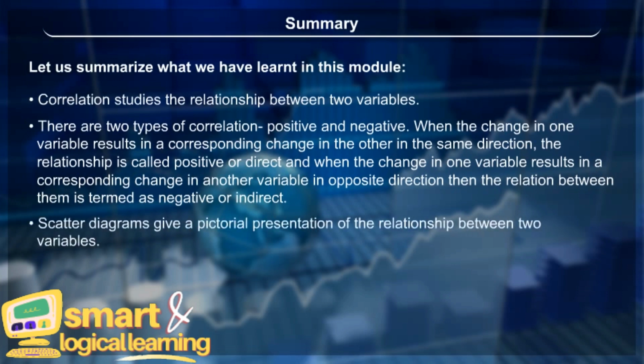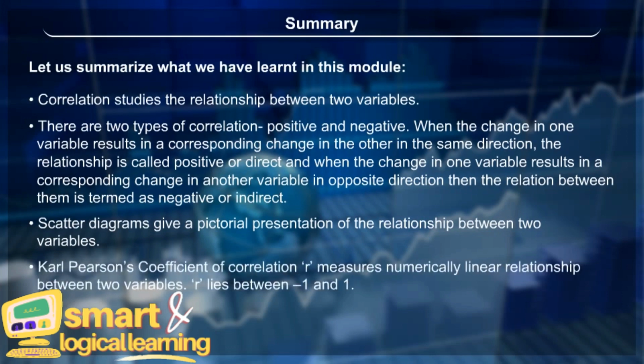Scatter diagrams give a pictorial presentation of the relationship between two variables. Karl Pearson's coefficient of correlation R measures numerically the linear relationship between two variables. R lies between -1 and 1.